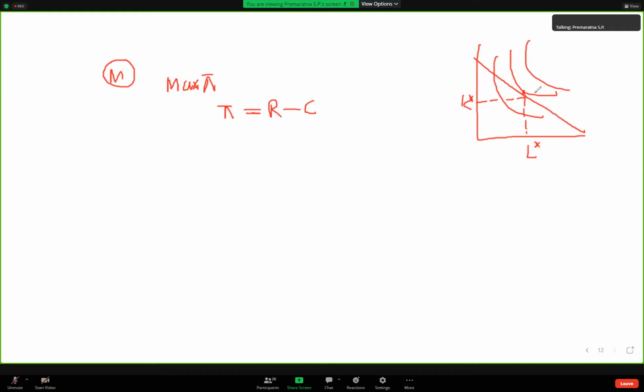So that's what you're going to do. We try to find the maximum value profit function. I will do that next week, how to get the maximum value profit function.